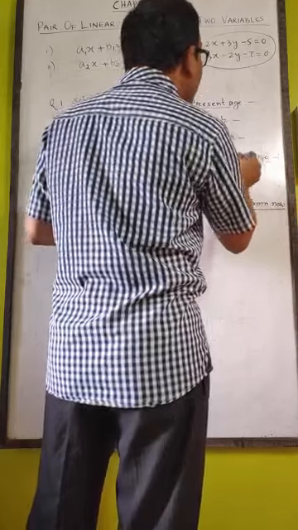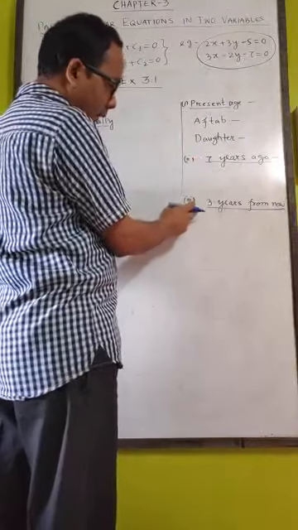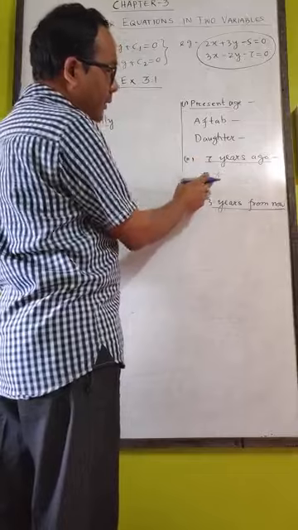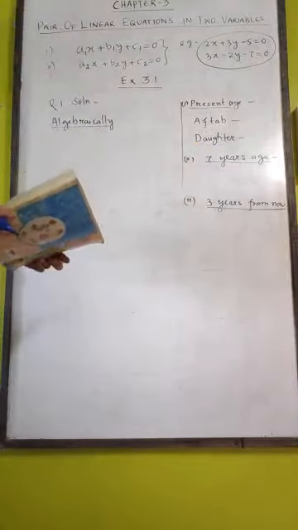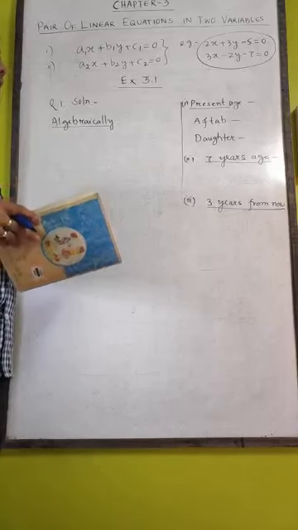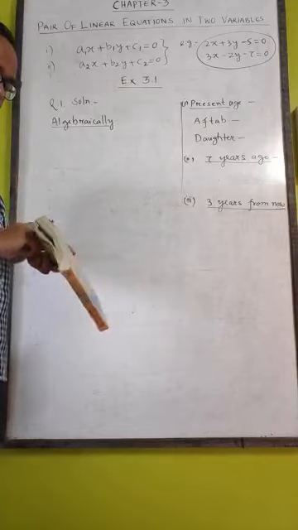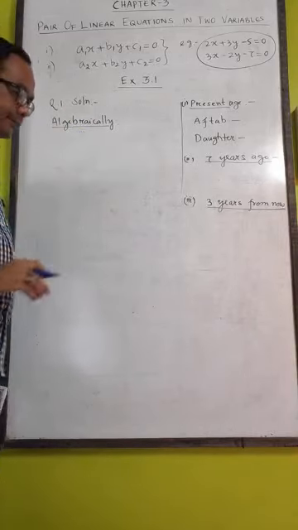Under these two given conditions, one for 7 years ago and another for 3 years from now, we have to form linear equations in two variables. Such types of problems we already discussed in class 8, also in class 9. So algebraically let us form the equations now.